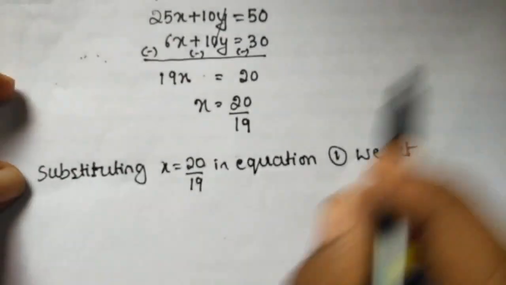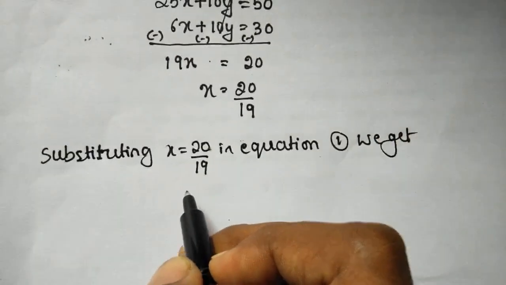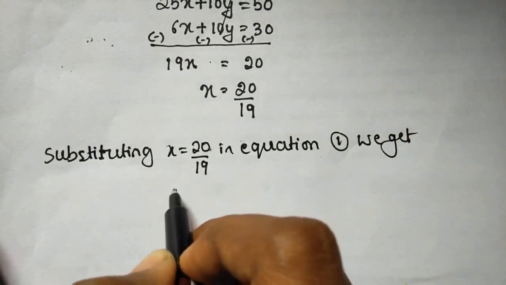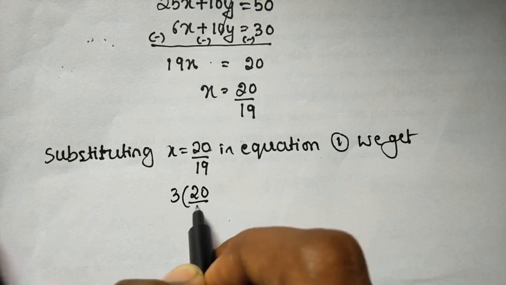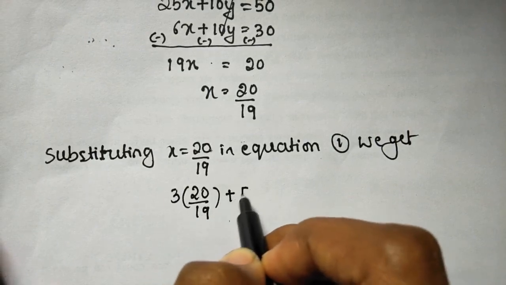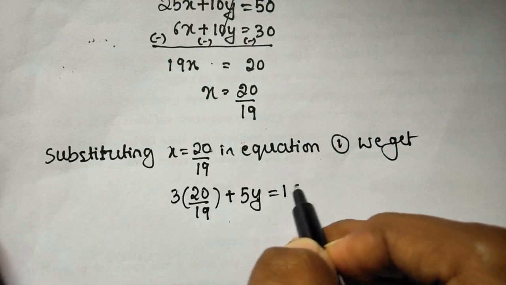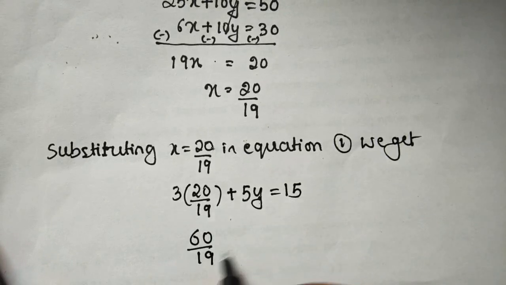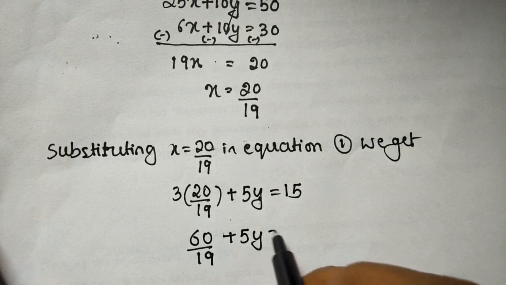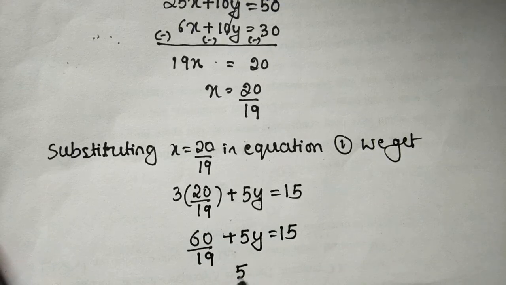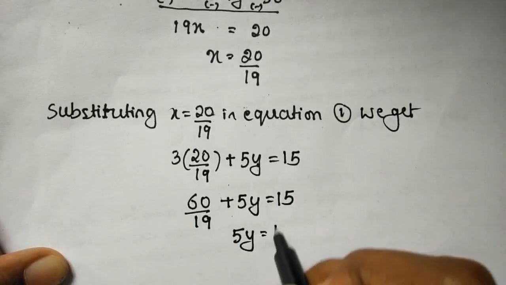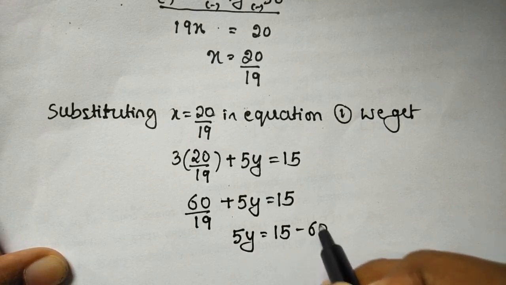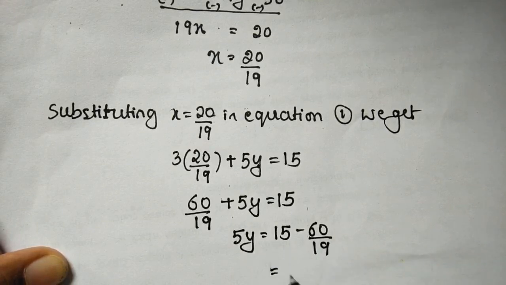Then this will become 3 into x, the value of x is 20 by 19, plus 5y is equal to 15. 3 into 20 is 60 by 19 plus 5y is equal to 15. 5y is equal to 15 minus 60 divided by 19.